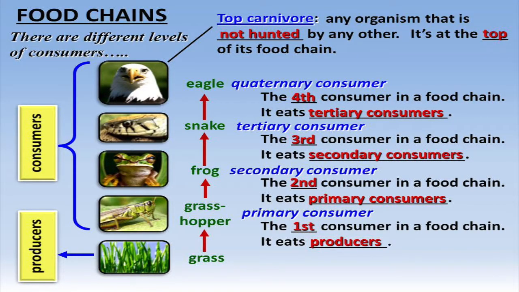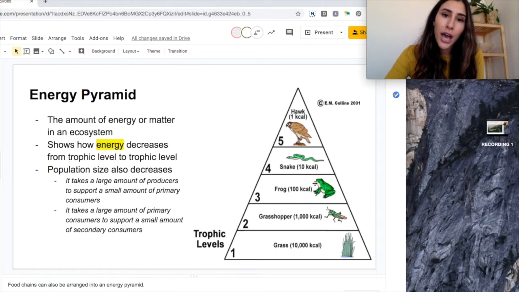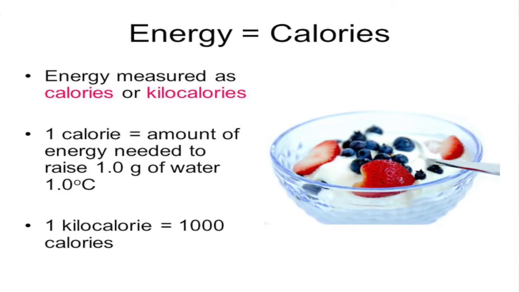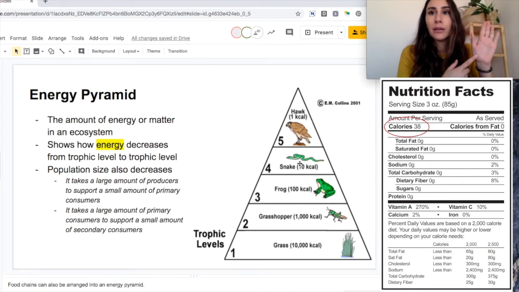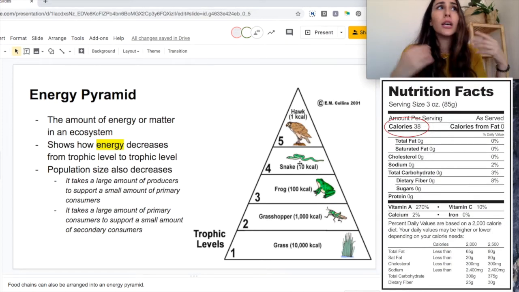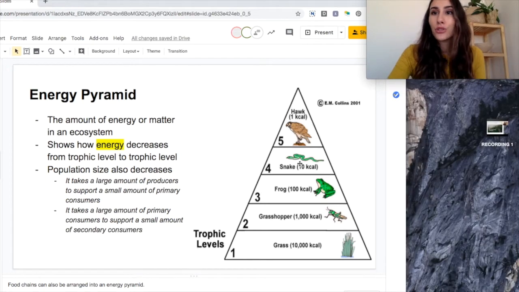This is known as the quaternary consumer. So essentially what's going on, if you notice, the energy pyramid is showing us how much energy is available, and we calculate energy using a unit known as kilocalories or calories. Whenever you consume food, if you look at a food label, it will tell you how many calories or how many units of energy are found in the food that you're eating.